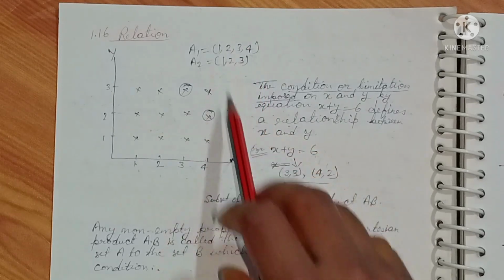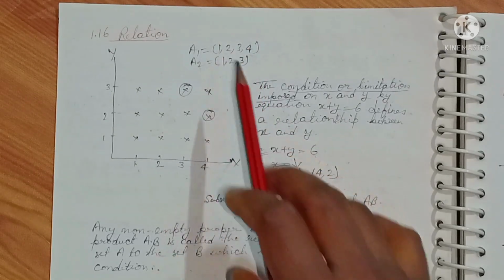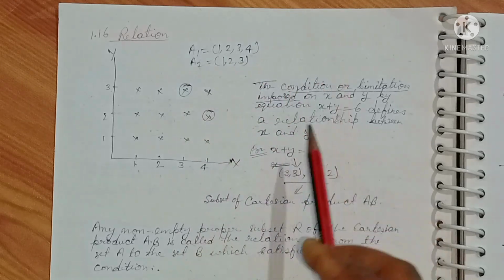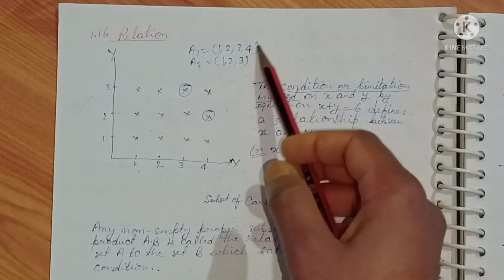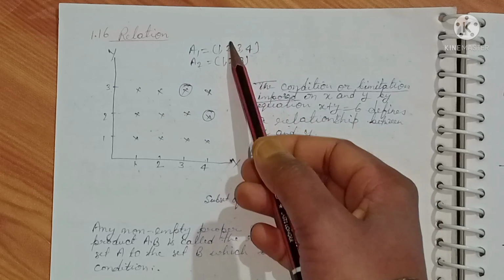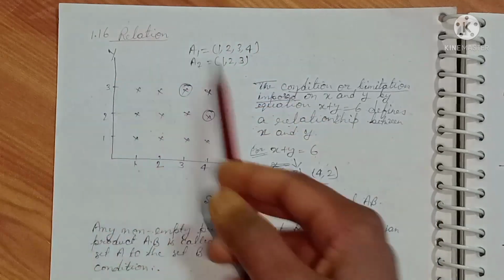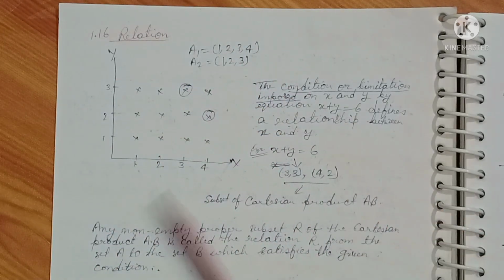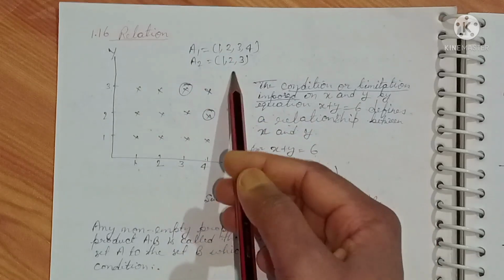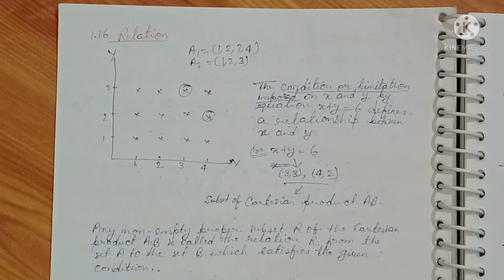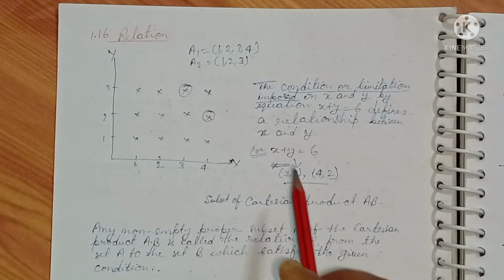And if you make pairs of other elements, you will not get the sum as 6. For example, 4 plus 3 you will get 7, 3 plus 2 you will get 5. So you will get greater or less than, but you will not get equal to 6. So that's why this is the condition imposed, and that's why this is representing a relation.